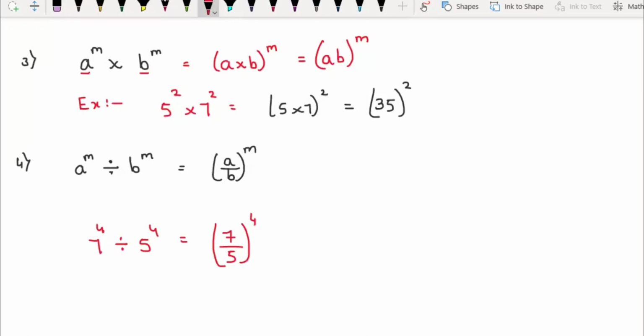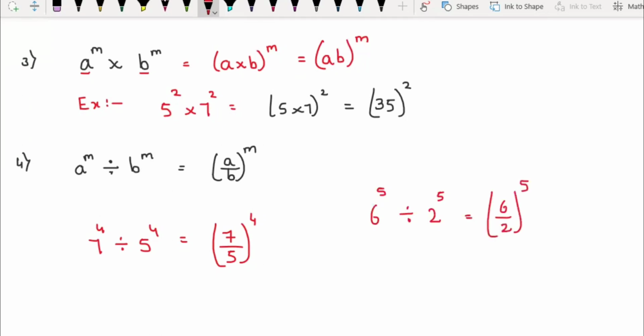Now I give such an example where both the exponents are in the form of a prime number, so we are not able to cancel. Except, think it got like 6 to the power of 5 divided by 2 to the power of 5. Your base is different, but the power is similar. We can apply this formula. So 6 by 2 whole to the power of 5.